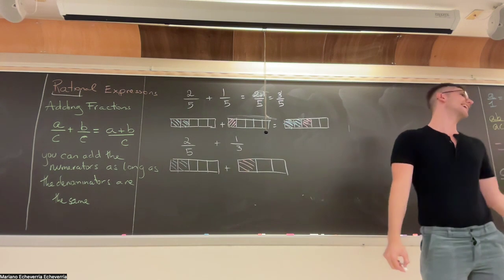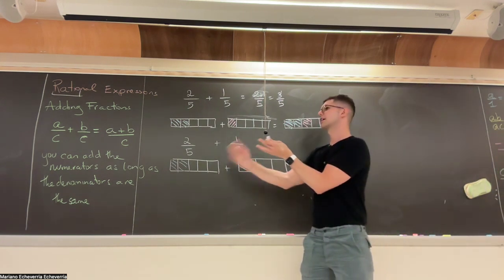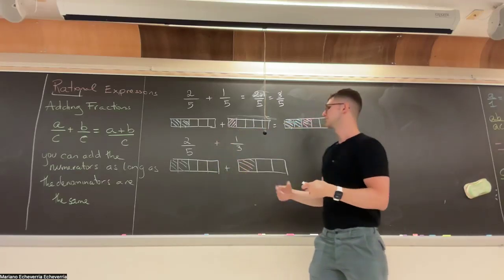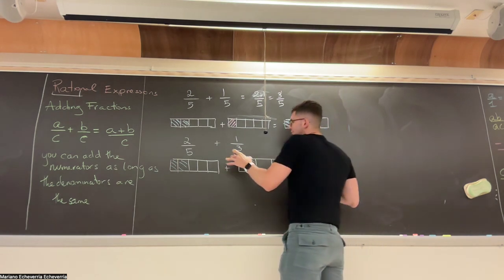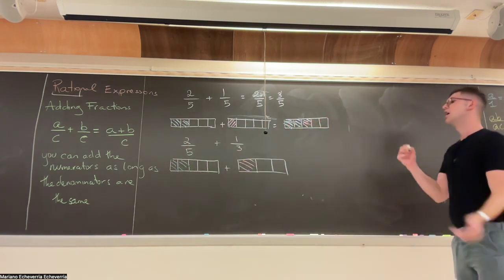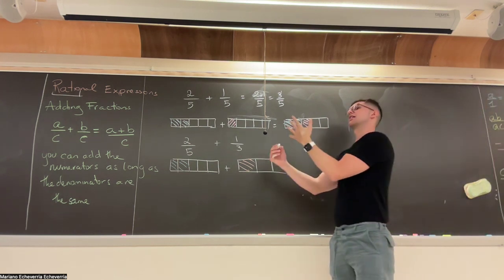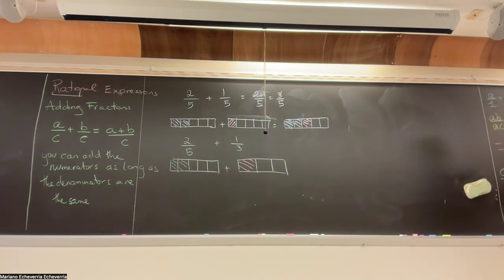So it's an apples to oranges comparison now, because you're breaking the ruler in different amounts. The addition literally corresponds to putting this one next to this and seeing what that corresponds to, but it's not obvious from the picture how to do it. That is where you rely on the other properties of fractions to set them up so that they have the same denominator.